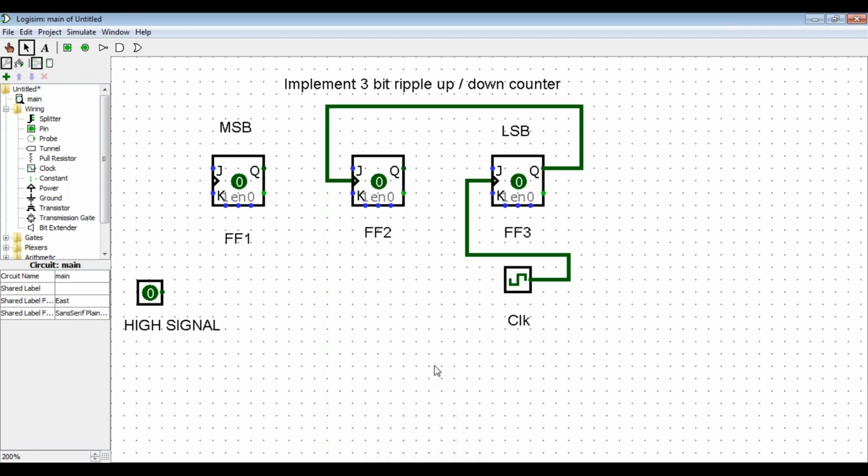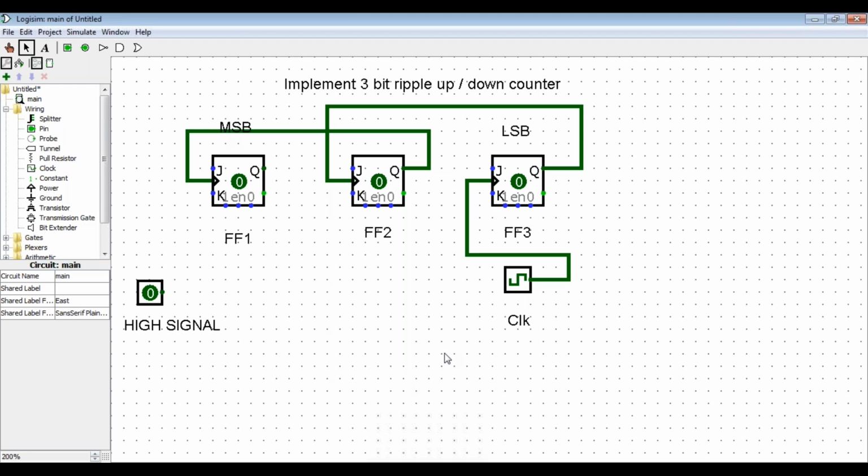This will be the clock signal for your second flip-flop. Like that, give the second flip-flop output, Q, to the clock signal of your first flip-flop.